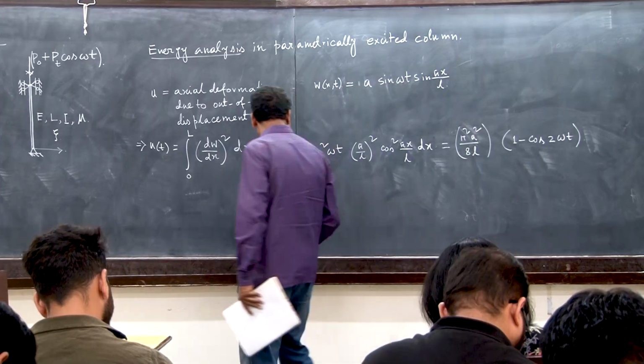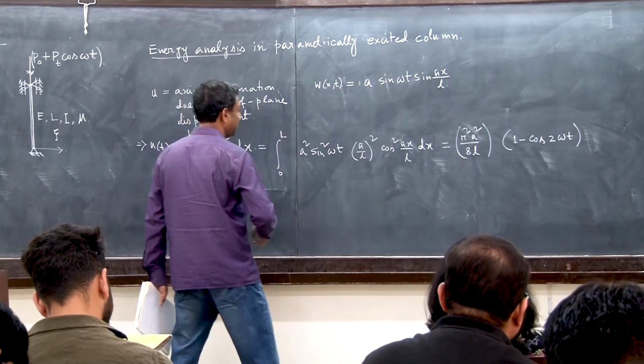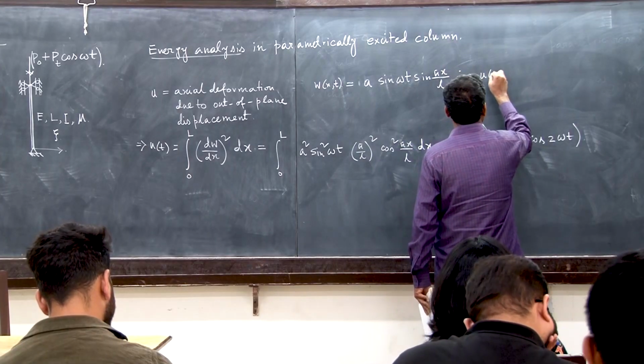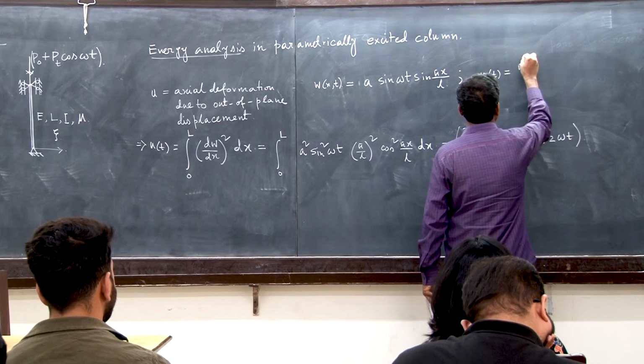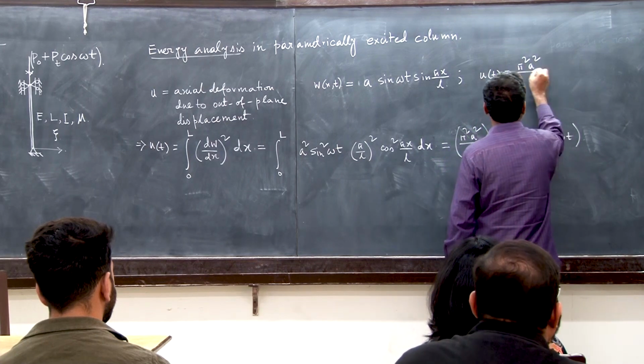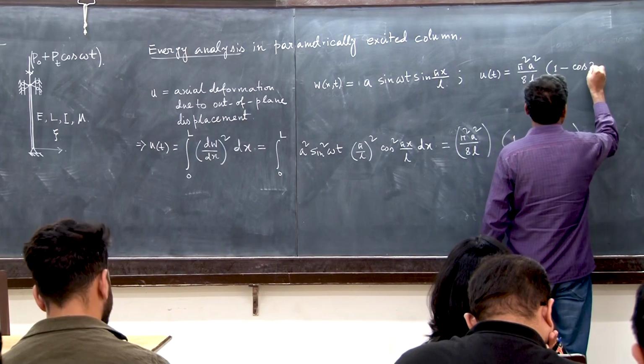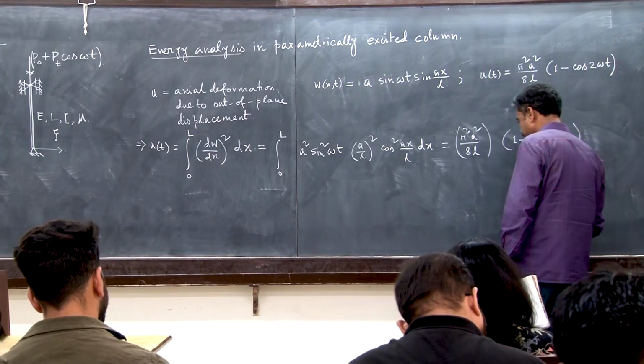Just for simplification, we consider this. So what is the work done? Please have this expression, okay? So we got u(t) as pi square a square by 8L times 1 minus cosine of 2 omega t.